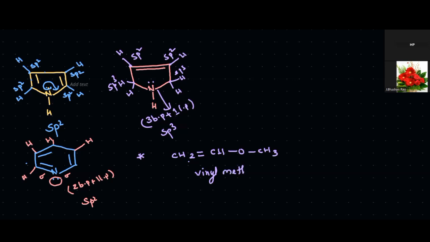So in this vinyl methyl ether, how do we write the hybridization? Carbon here is an sp2 hybridized carbon. Here also this one is sp2 hybridized. This oxygen has two lone pairs. This carbon is sp3. What about this oxygen? It is also sp3. So we can write the hybridization of the given molecules. By using this, we can easily identify the hybridization of the molecules.